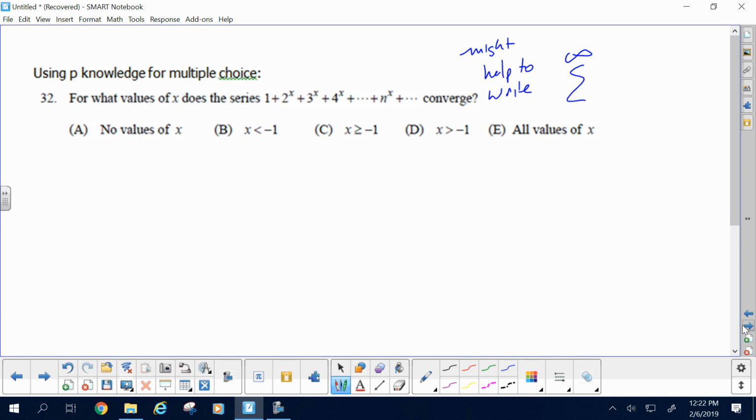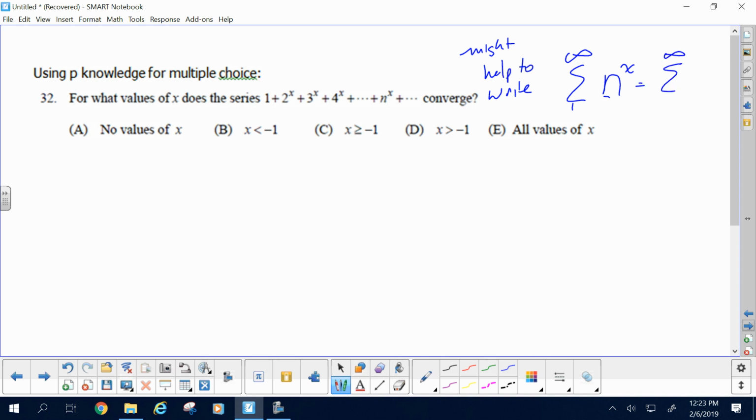How are we doing? How would you write this formula for that? There's no one over it. What's going up by one each time, and therefore the n? The base is what's going up, and so that's the n. x is the power, which we're supposed to find. That's a p-series, kind of. Why isn't it a p-series?